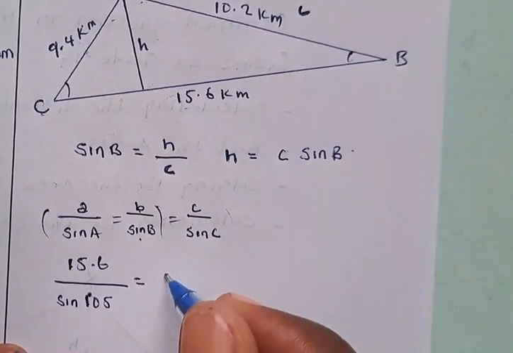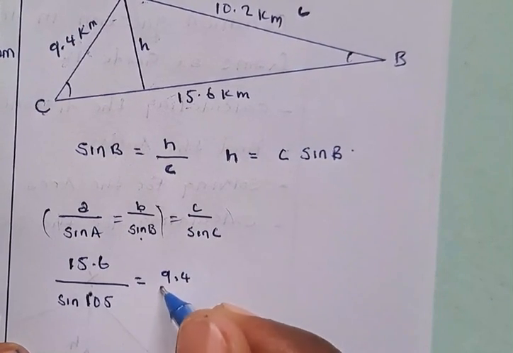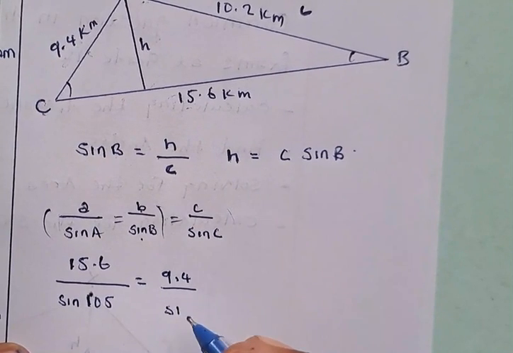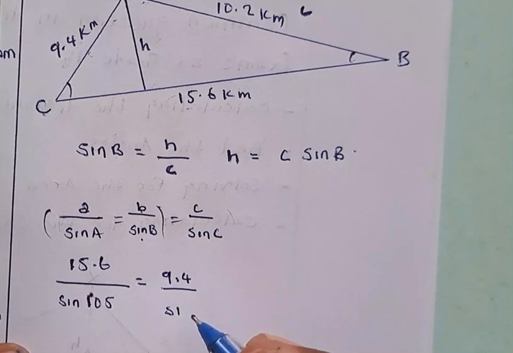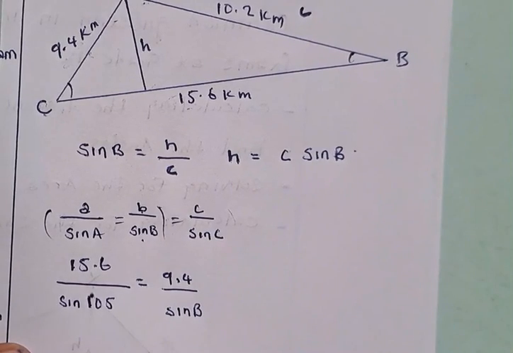So on B we have 9.4 over sine, we don't know, right? Yeah, sine we don't know, over sine B, because that's the one we're looking for.